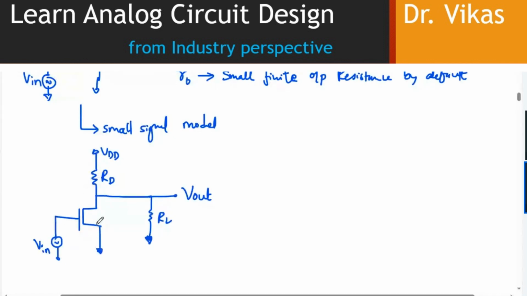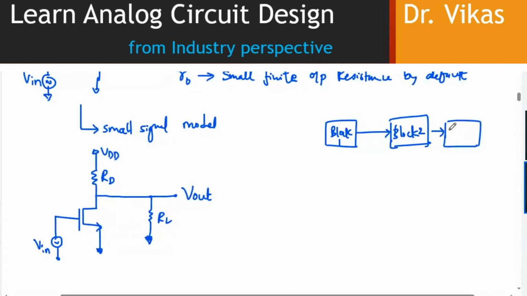Okay. So the concept of RL is something like this. If I have a block 1 and that is connected to one more block. See, always in the industry, it is not that you always use a standalone amplifier, right? It comes in a multiple structured format. Basically, all the different blocks are interconnected together.